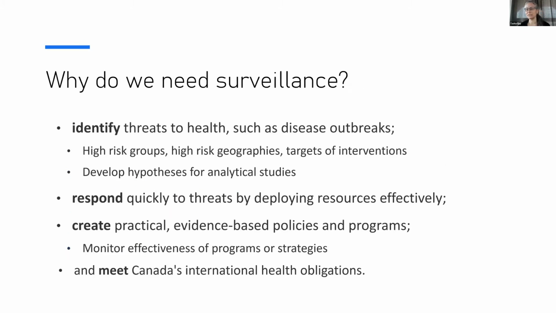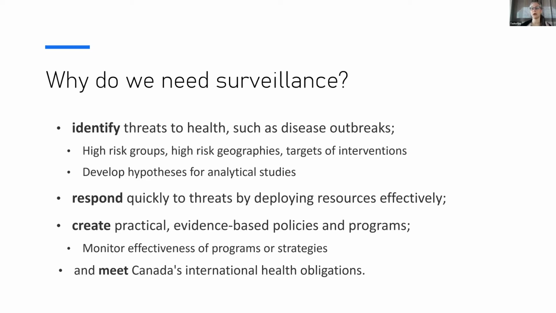So why do we do surveillance? Again, this comes right back to that, what is surveillance? It's information for action. So the first thing would be that we need to identify health events, disease outbreaks. We might need to know, are they in particular groups, geographies, particular time zones, because we want to do something.